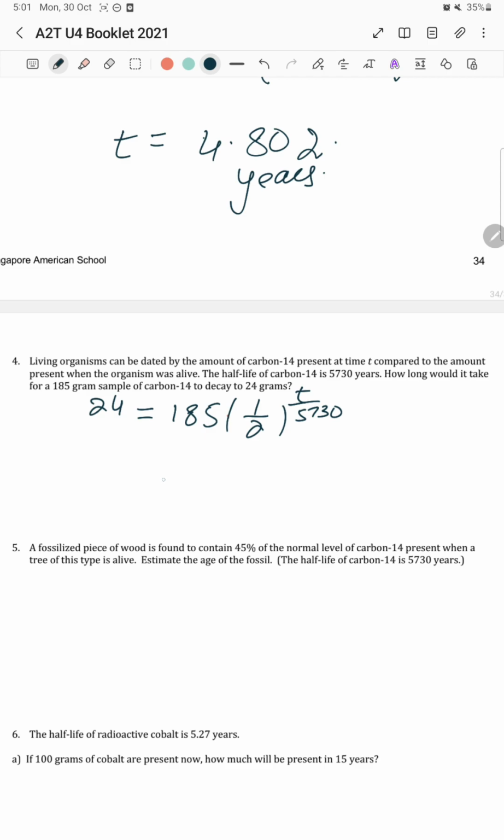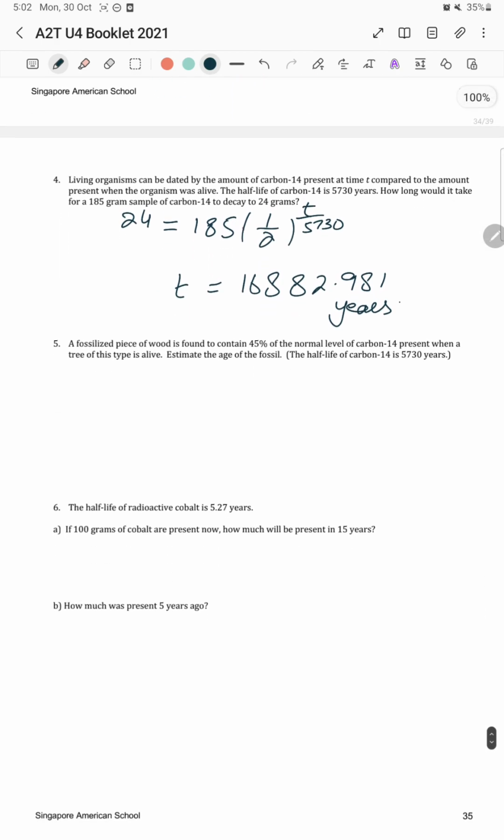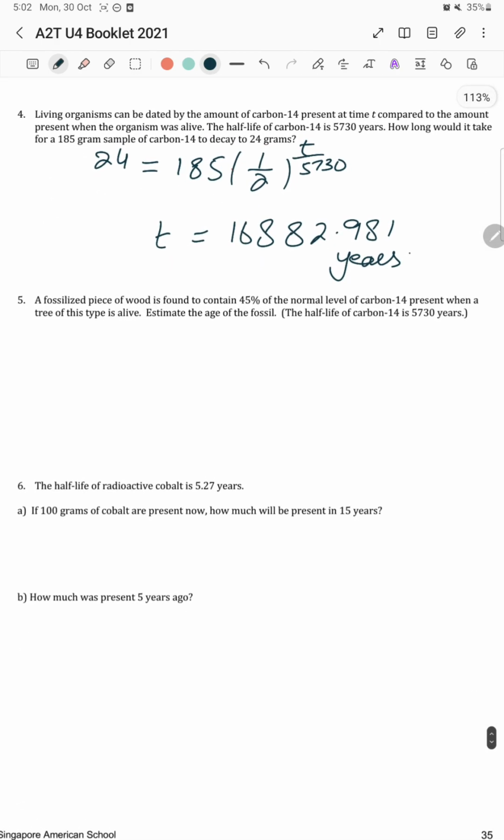And now just solve it, and we will get T is equal to 16882.981 years.